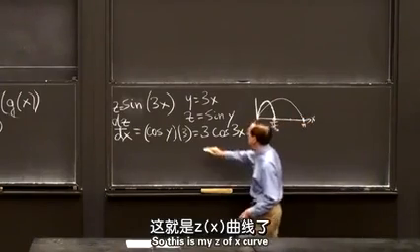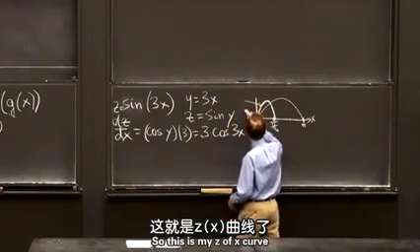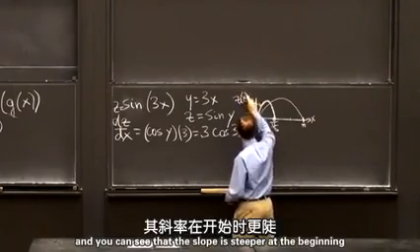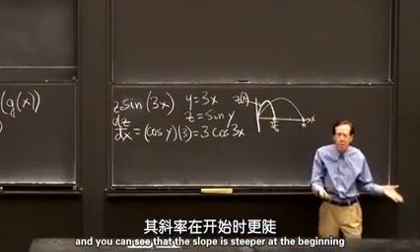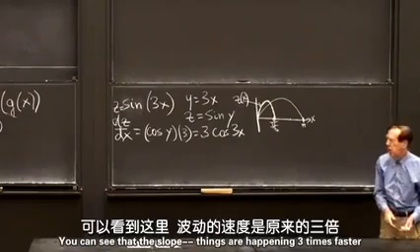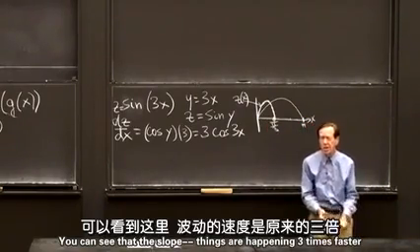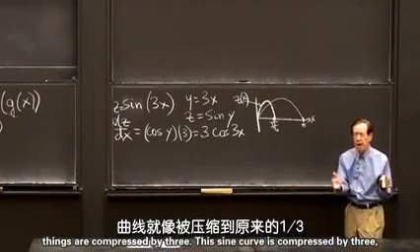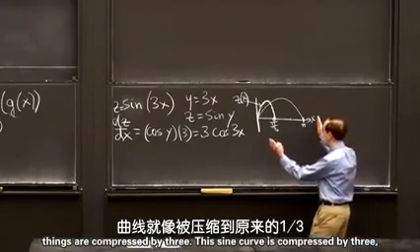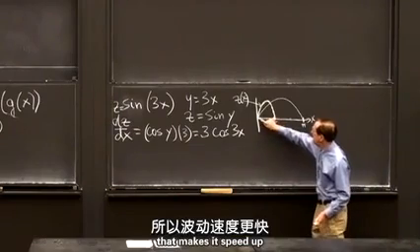So this is my z of x curve, and you can see that the slope is steeper at the beginning. You can see that things are happening 3 times faster. Things are compressed by 3. This sine curve is compressed by 3.